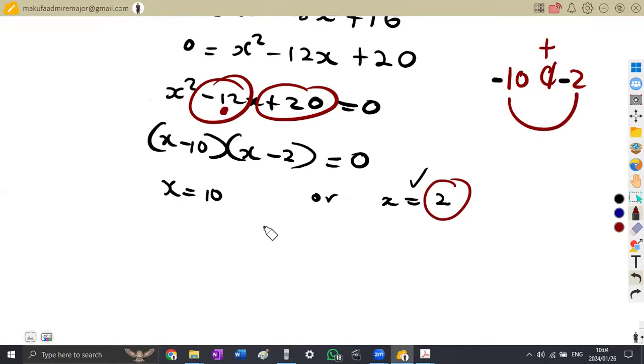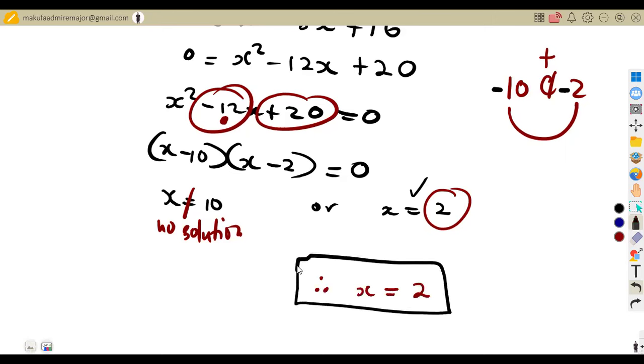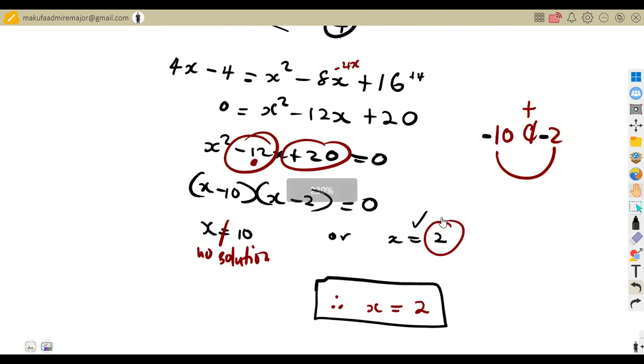Here we do not have a solution. x cannot be equal to 10, as we saw from the proof. So therefore, our solution here is x equal to a positive 2, not 10.